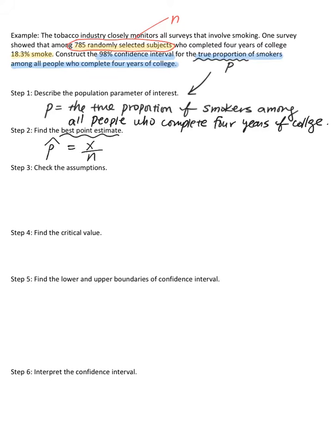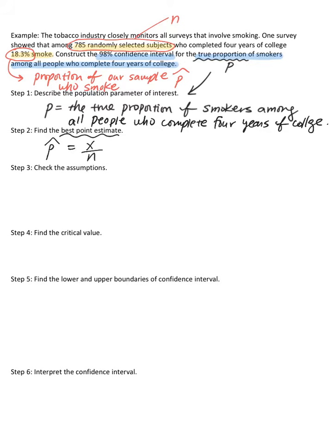Well, this 18.3% is not the number of people in our sample who smoke. This is the percentage, the proportion, not the actual number. It's not like 400 people. It's 18.3%, the proportion of our sample who smoke. So this is not X, this is actually P hat.